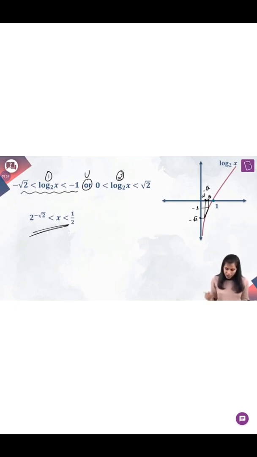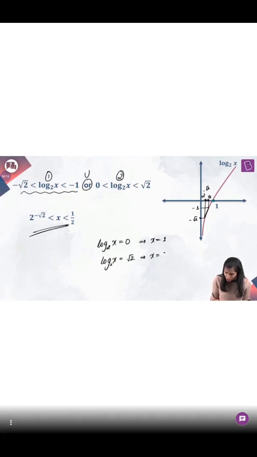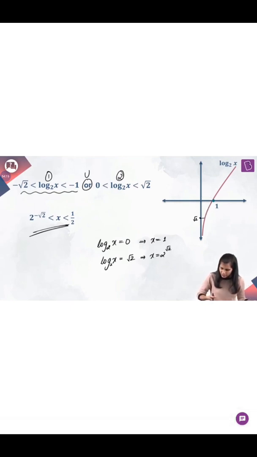Now I'll solve the second one. I want log x to be between 0 and root 2. I know log x is 0 when x is 1, and log x is root 2 when x is 2 to the power root 2. Clear? So let me rub this out and now understand. When x is 1, log x is 0, and when x is 2 to the power root 2, let's say here is 2 to the power root 2, in that case log x is root 2.